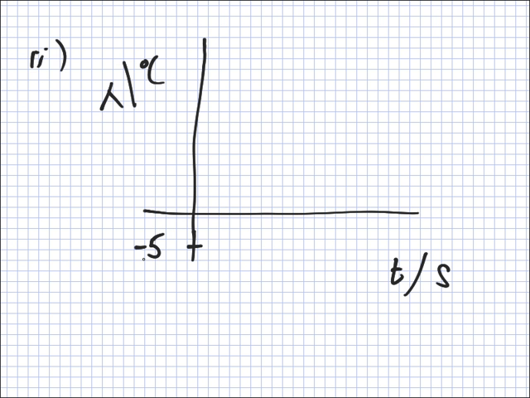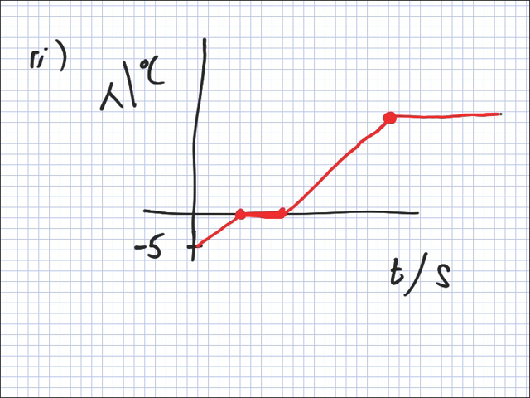Indicate, and so on. So, what will happen here is slowly it warms up. Right? And then when it hits 0, what happens? It's flat here. Why is it flat here? Because it's melting. And then it'll heat up till it reaches 100.